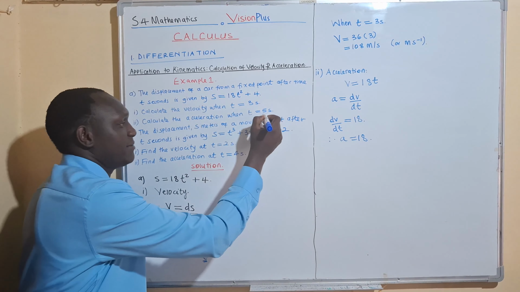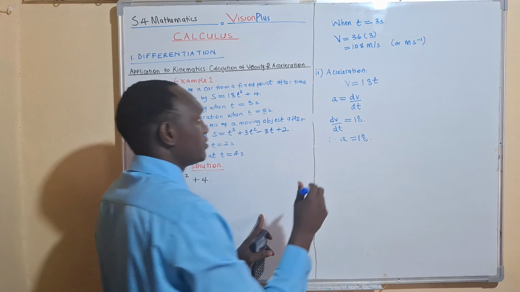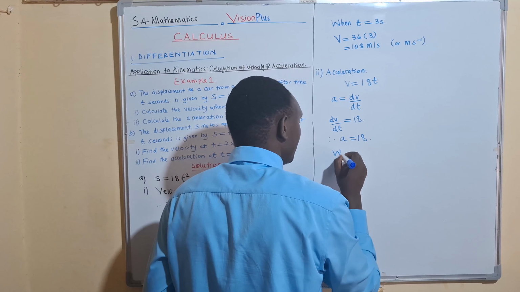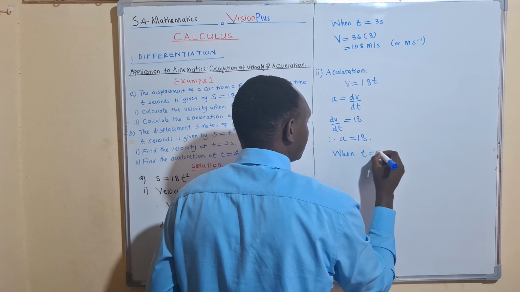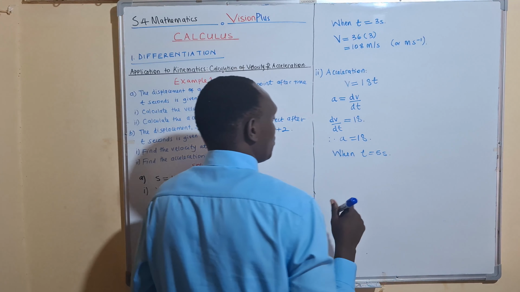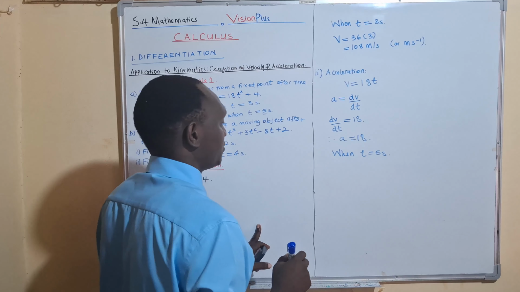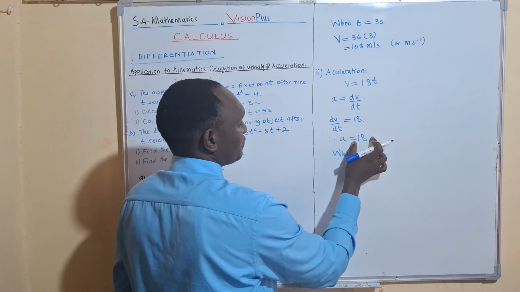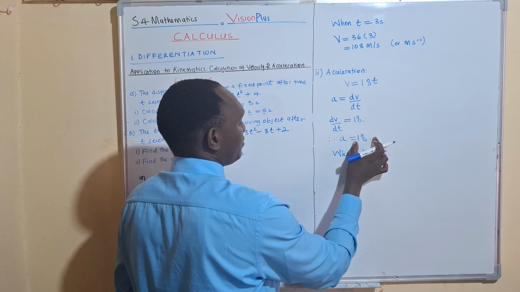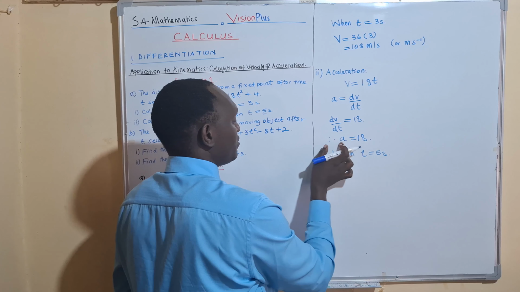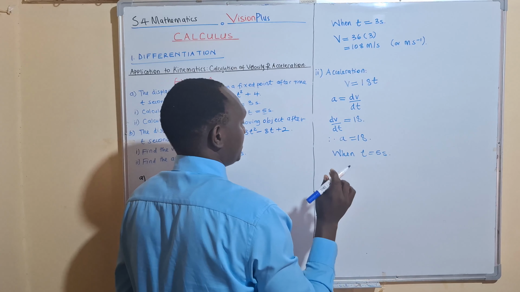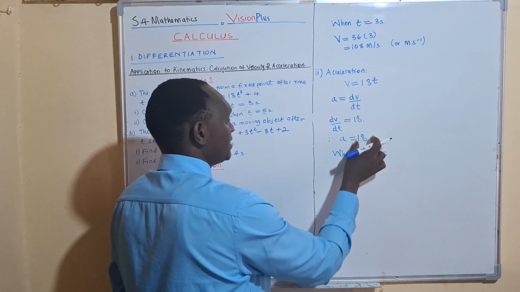That at time 5 seconds. So now you say, what if the time is 5 seconds? What is the acceleration? Now you substitute for t in the expression for acceleration.